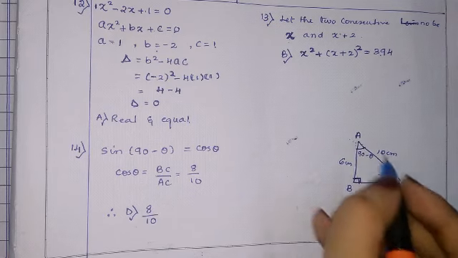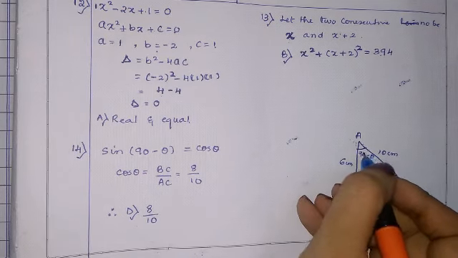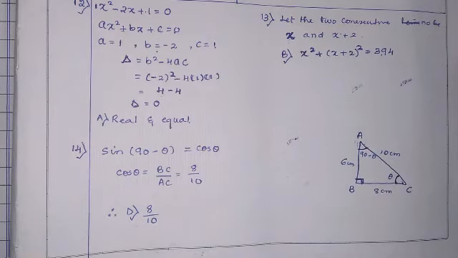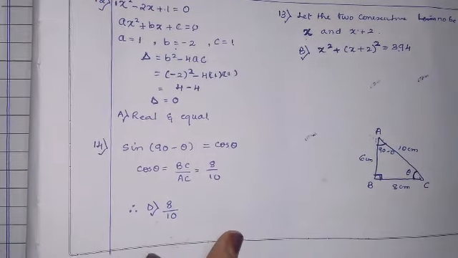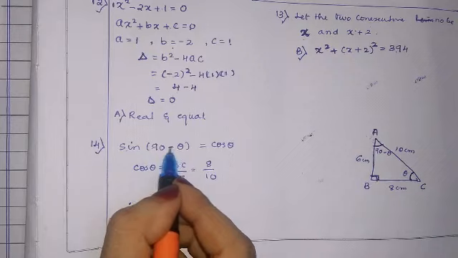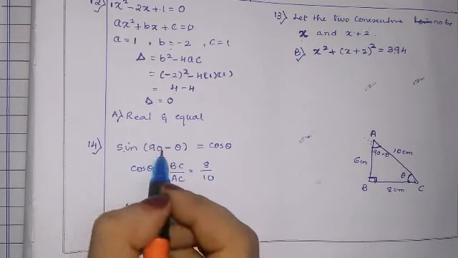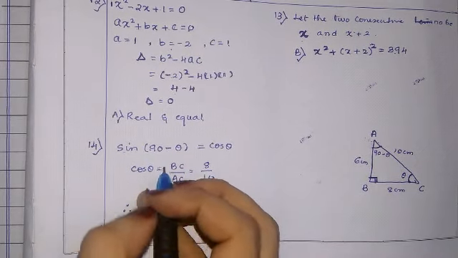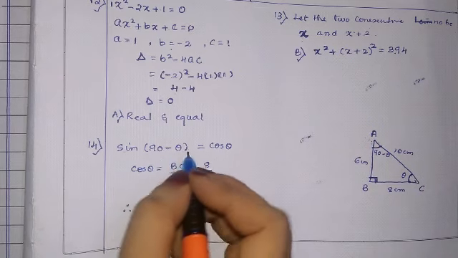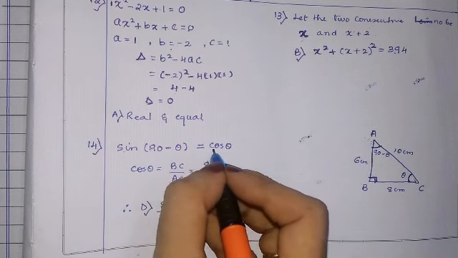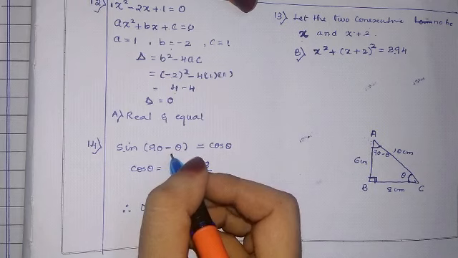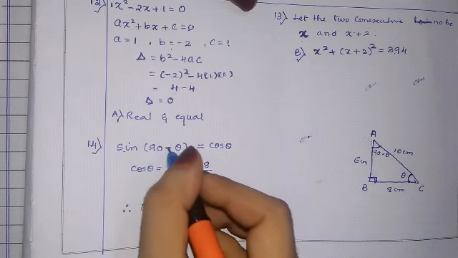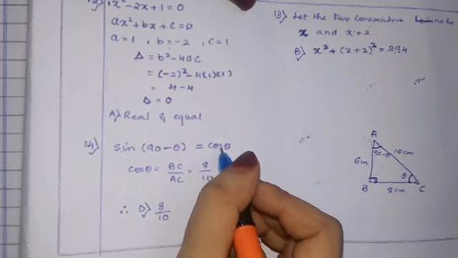If this is theta, then it will automatically be 90 minus theta. Now let us find sine (90 minus theta) according to complementary angles. Sine (90 minus theta) is nothing but cos theta. That is the complementary angles formula.